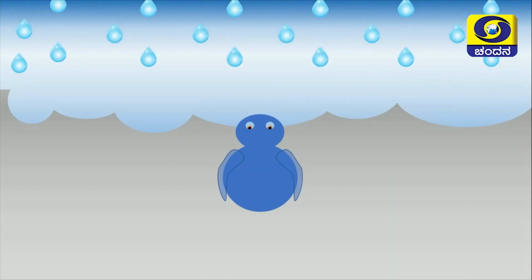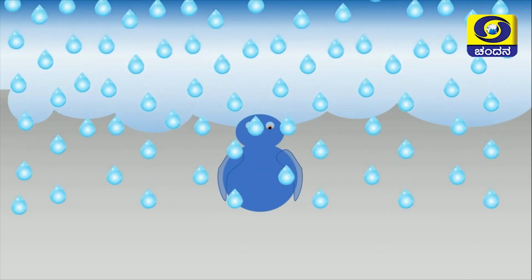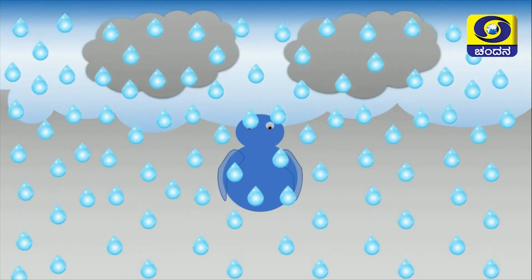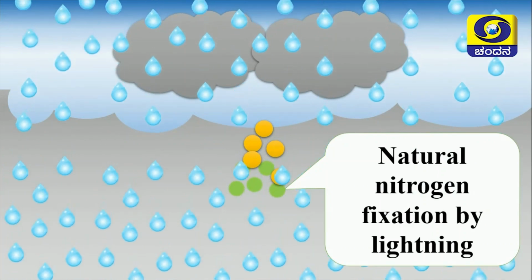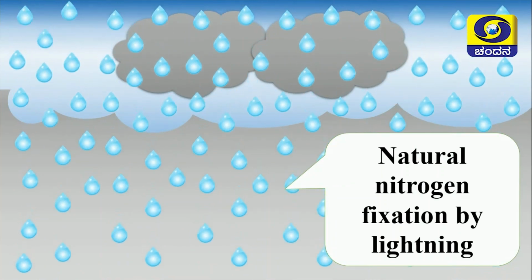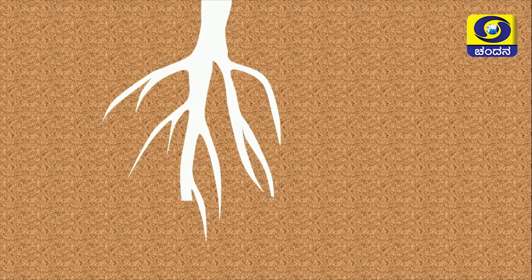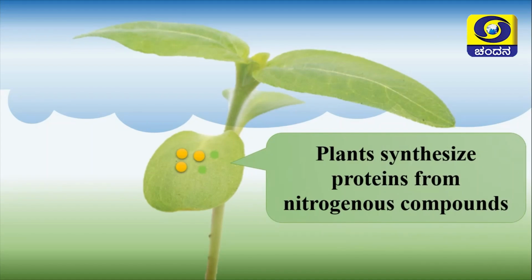During rainy season, when clouds clash with each other, lightning takes place. During lightning, atmospheric nitrogen combines with oxygen to form oxides of nitrogen. These oxides dissolve in rain to form a dilute solution of nitric acid. Natural nitrogen fixation takes place this way. Absorption of nitrogen compounds by roots. Plants synthesize proteins from nitrogenous compounds.